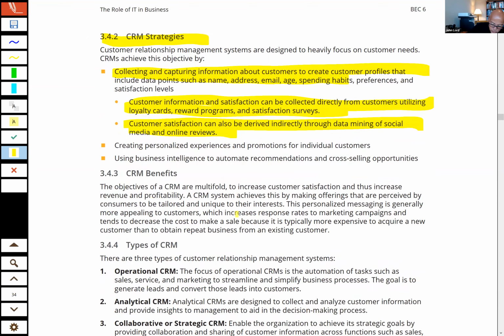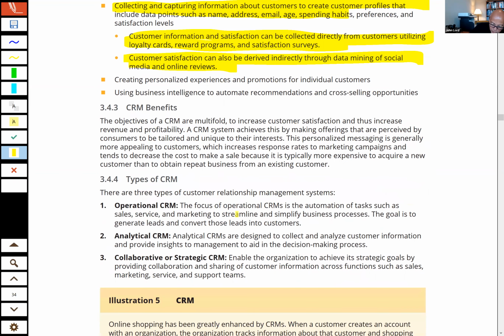Okay, now types of customer relationship management. They said that there are 3 types, and so let's go ahead and flashcard the 3 types. You can have operational CRM, and this focuses on the automation of business tasks such as sales, service, and marketing to streamline and simplify business processes.